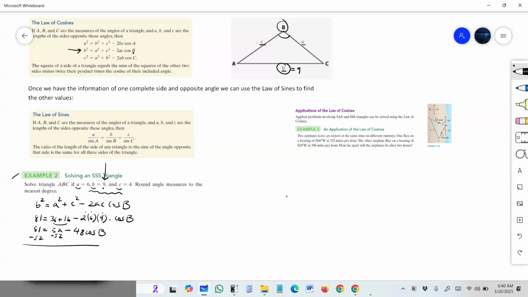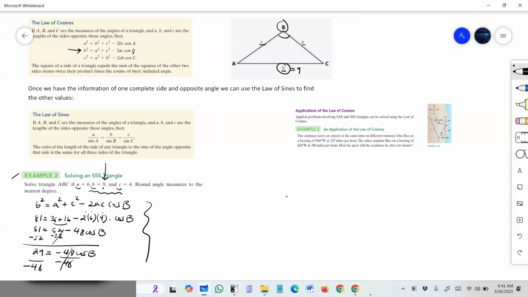And these will cancel, and I end up with 29 over here equals minus 48 cosine capital B. So now I'm going to divide both sides by minus 48.